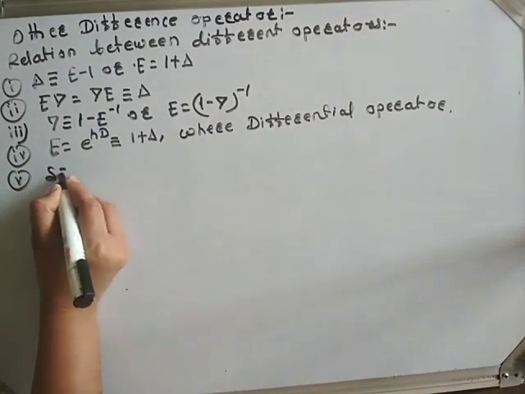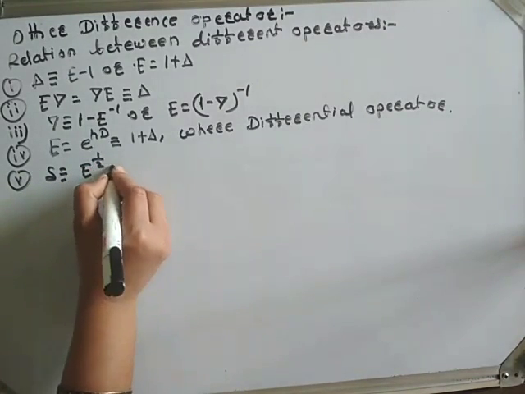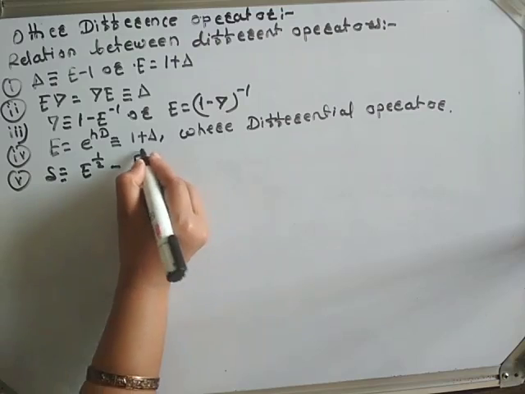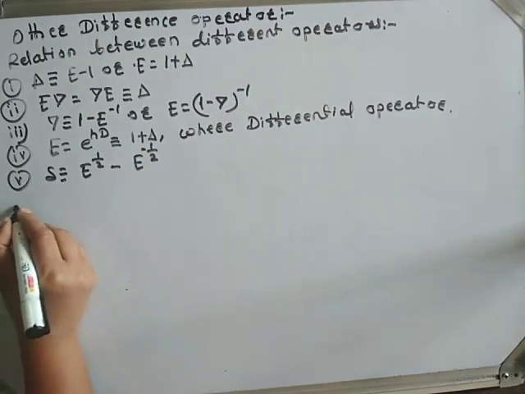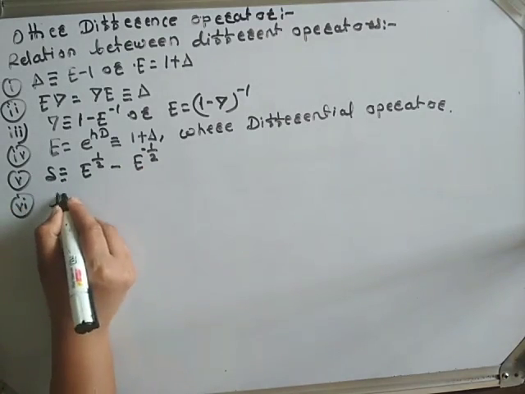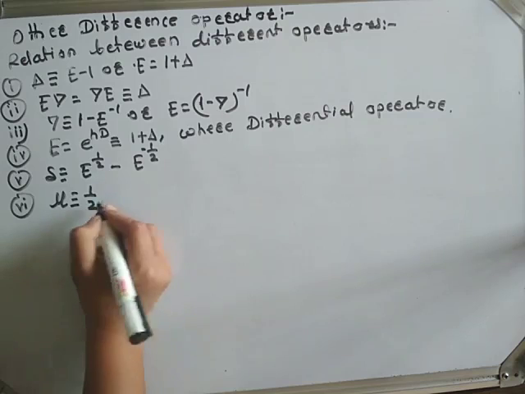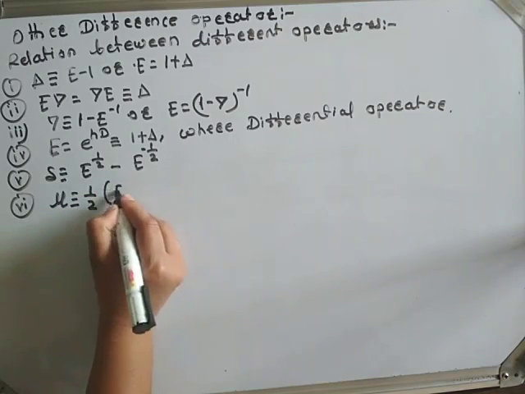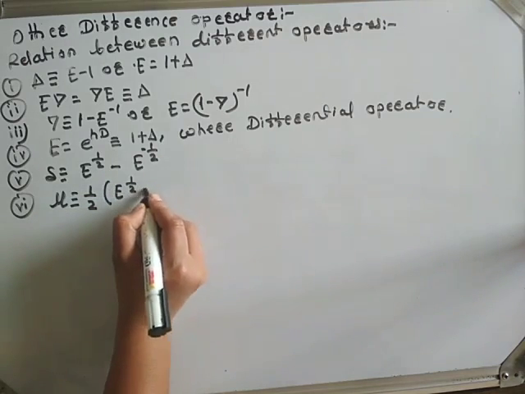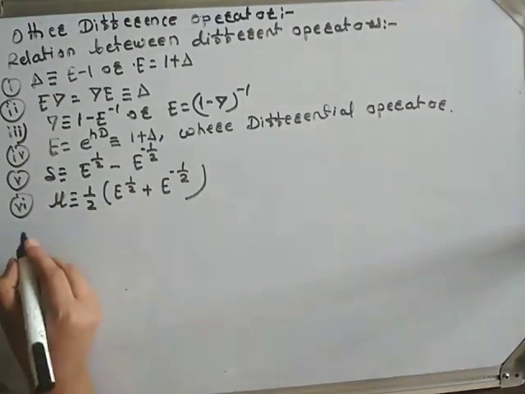Fifth relation is delta is equivalent to E raised to 1 by 2 minus E raised to minus 1 by 2. Sixth relation is mu is equivalent to 1 by 2 into E raised to 1 by 2 plus E raised to minus 1 by 2.